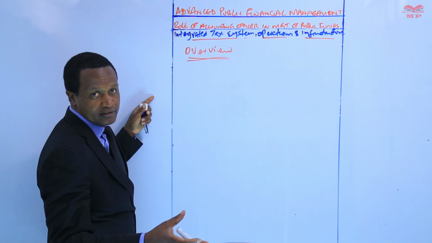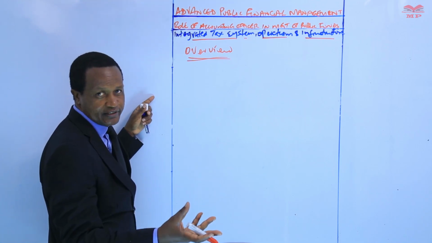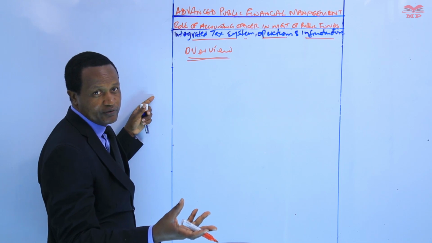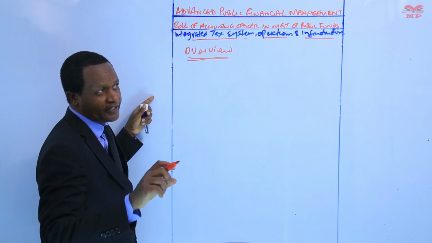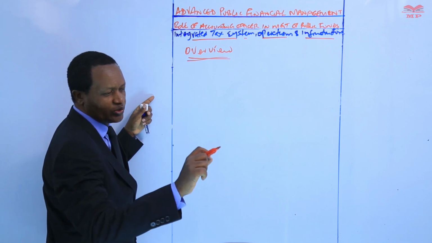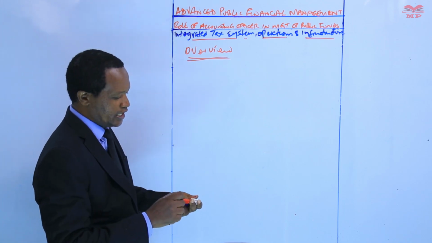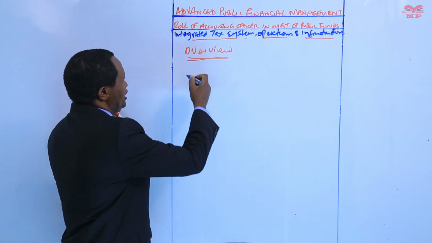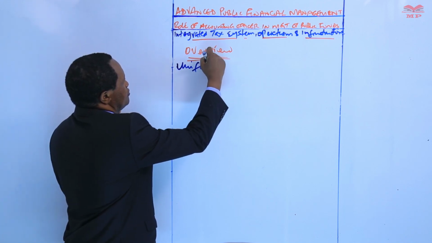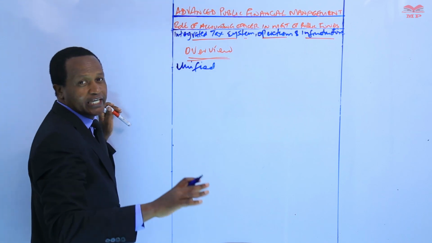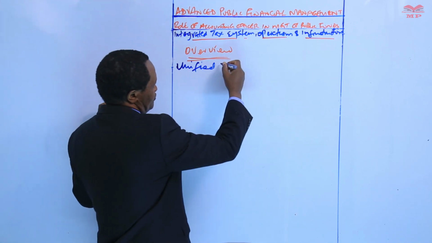Integrated. To integrate, candidates, is to unify. And therefore, an integrated tax system is a unified technological platform.